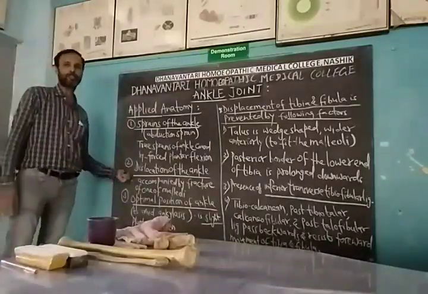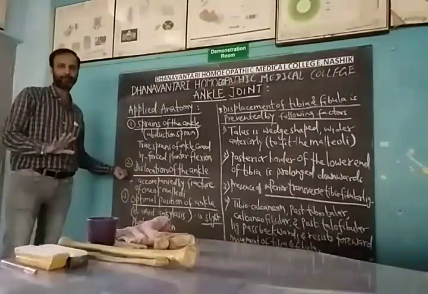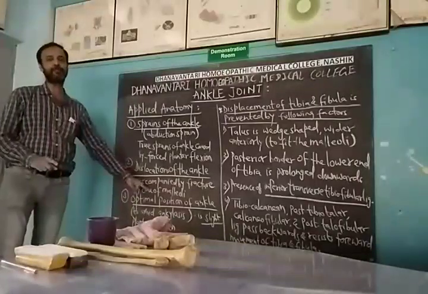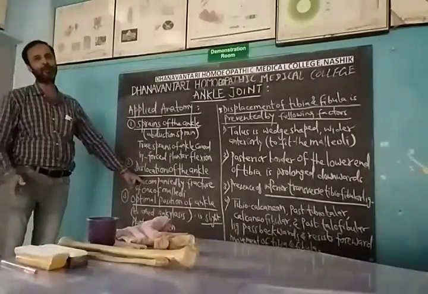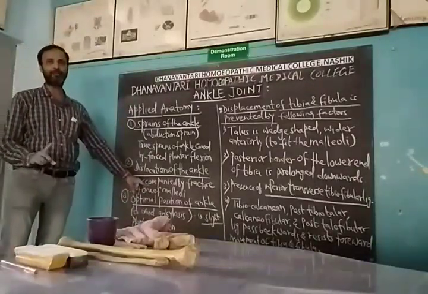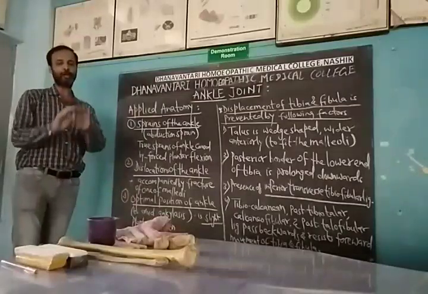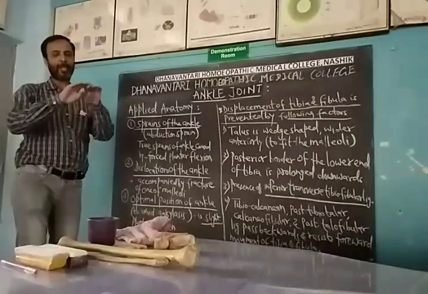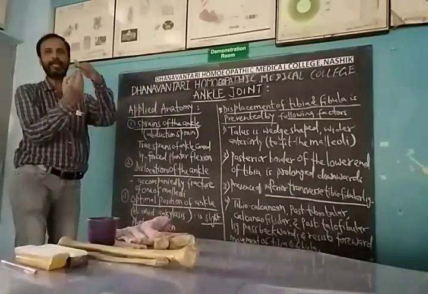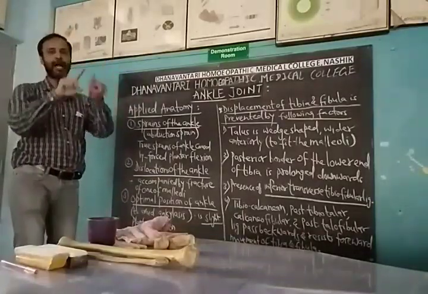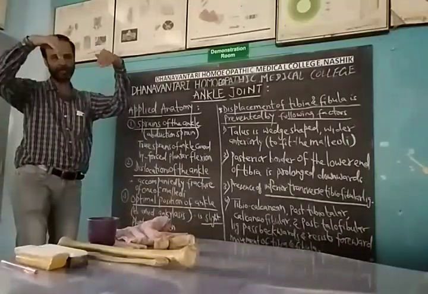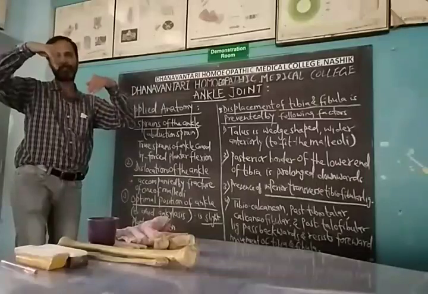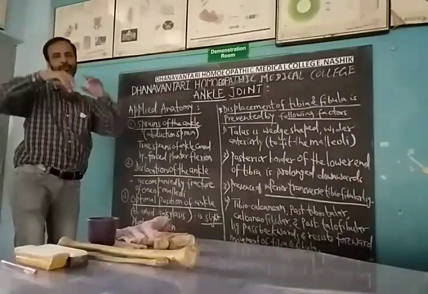Then second, dislocation. Dislocation of the ankle is very rare. If dislocation occurs, it always exists with a fracture at one of the malleoli. Why? Because this joint is very stable and very strong, with a deep socket formed by the upper articular surfaces and the prolongation of both the medial and lateral malleoli downwards.